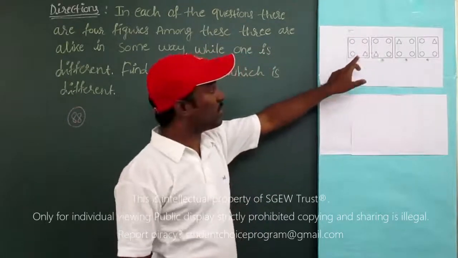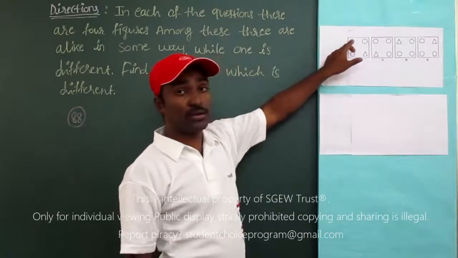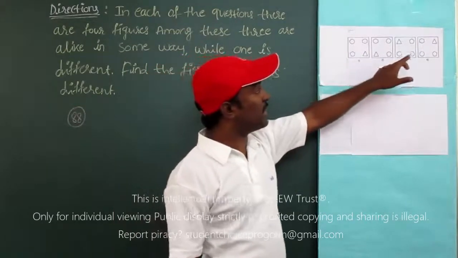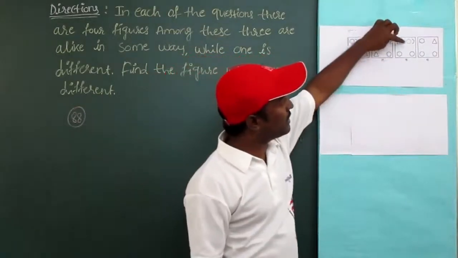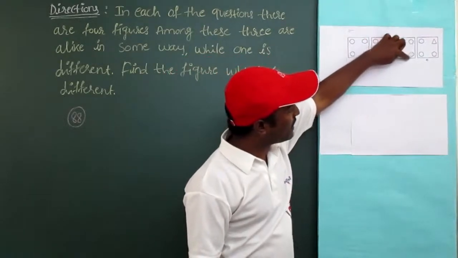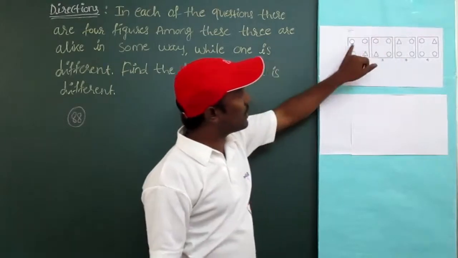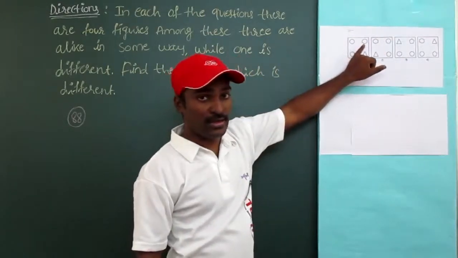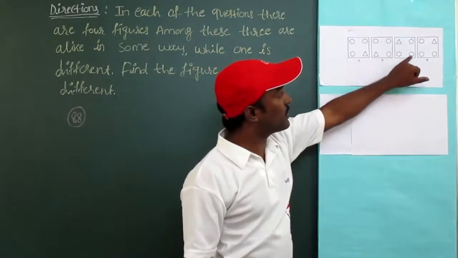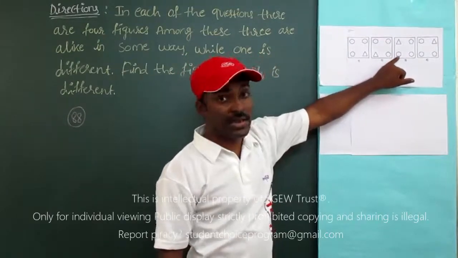In the first option, what we got after pentagon, we got circle. Now the same thing I will see in the third option. So here is the pentagon. Moving in clockwise direction, I am getting circle. Pentagon, circle. After circle in the first option, I got hexagon. In the third option, after circle in the clockwise direction, it is hexagon.